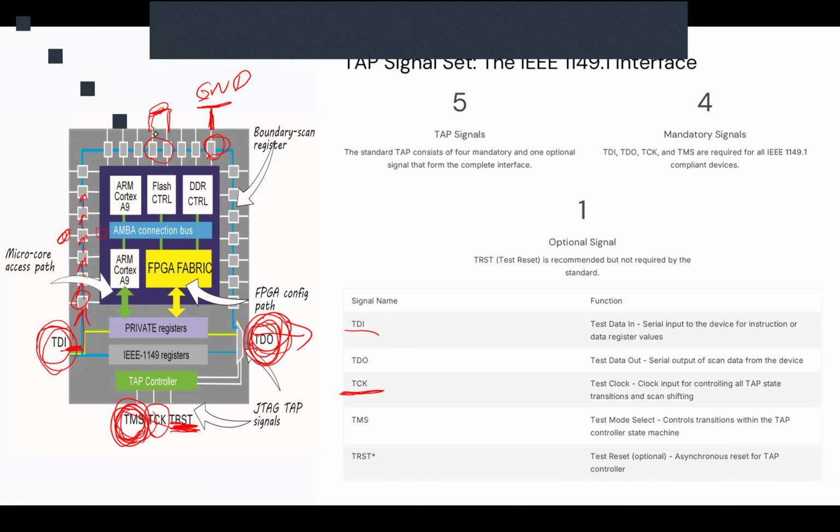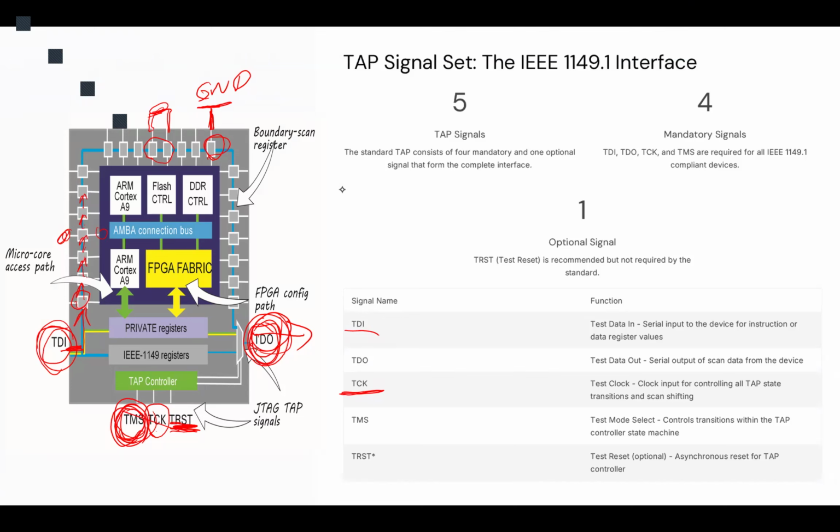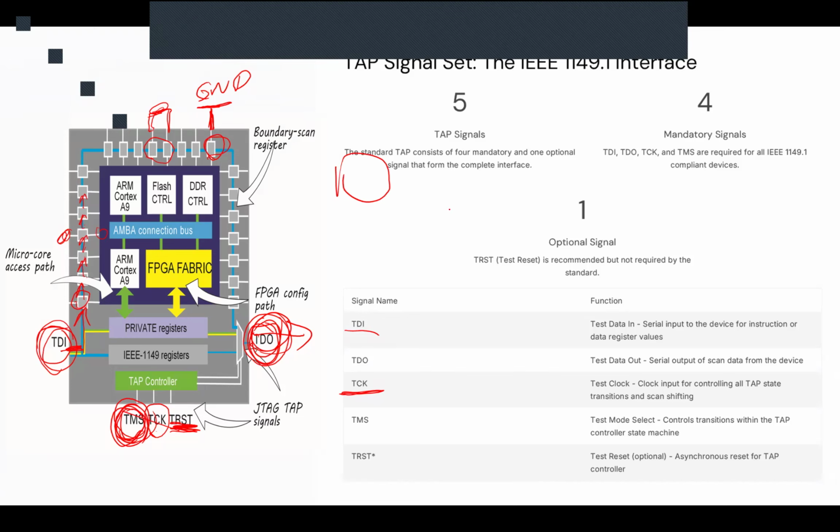Now, imagine that you have this chip and you have another chip here and another chip here, chip 2 and chip 3. All these pins within the PCB are connected to each other. So on a system level, we can observe the TDO of each of these pins.